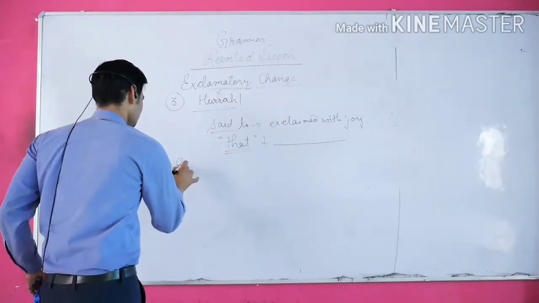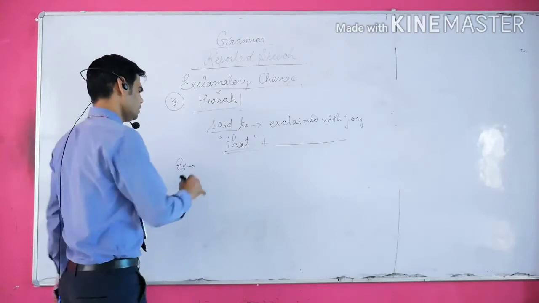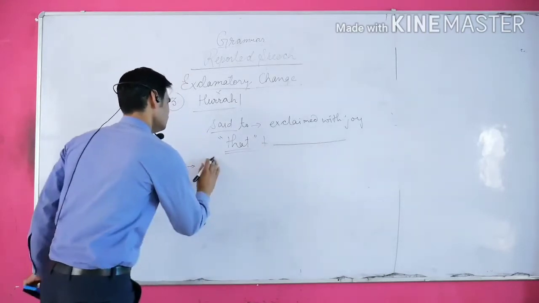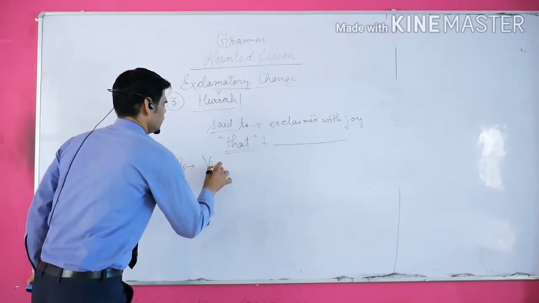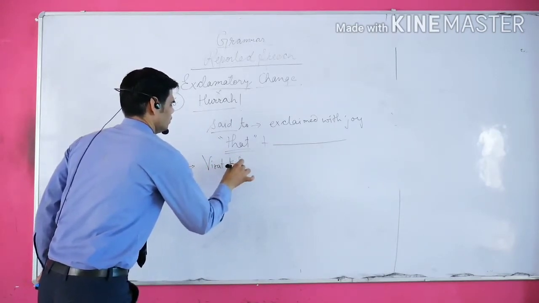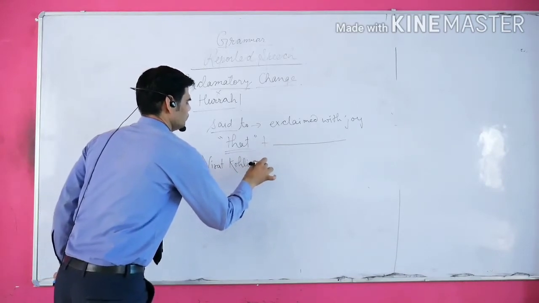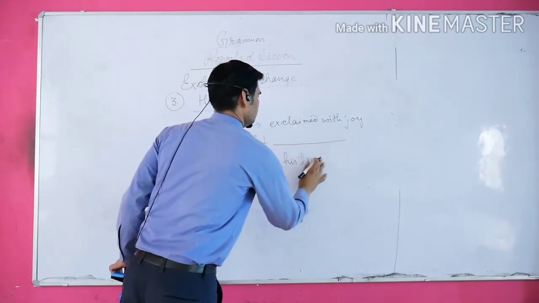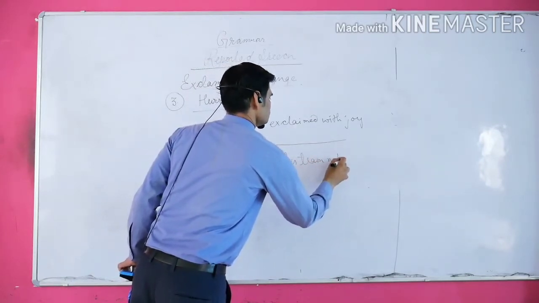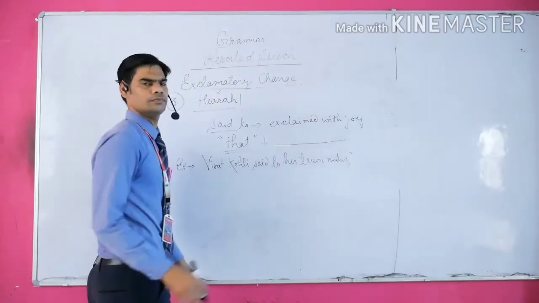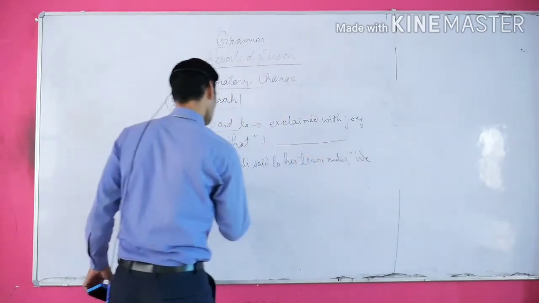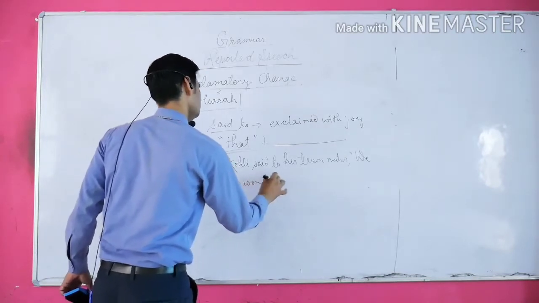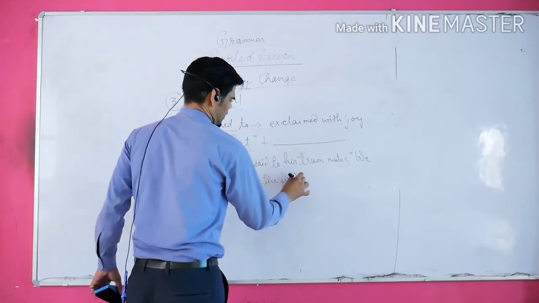And here we are writing an example. In the example, I am writing: the captain, or we can say Virat Kohli, said to his teammates, "We have won the final match."